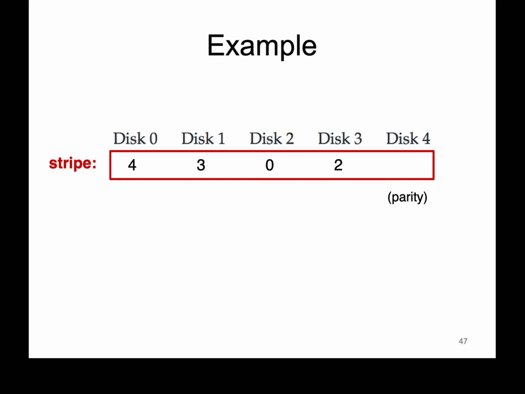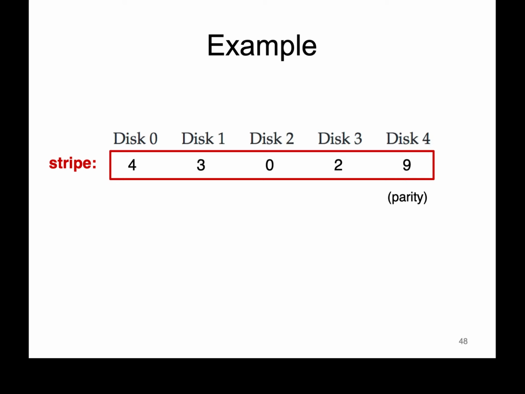In order to calculate the parity that is stored at the parity disk, which is disk number 4, you just use a linear algebra kind of operation. 4 plus 3 plus 0 plus 2 gives you 9, which means the parity value is 9 over here, right?